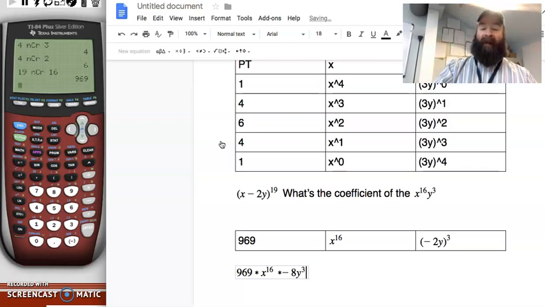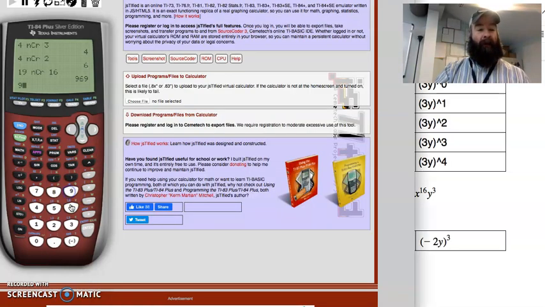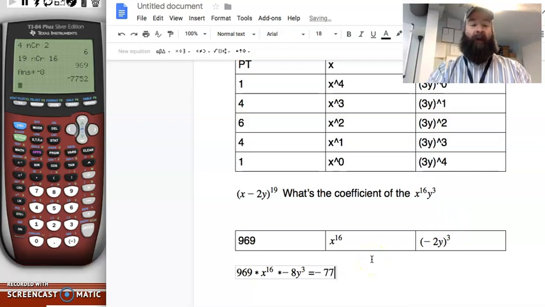So when you went to combine all these things, the 969 would get multiplied by the negative 8. And all I have to do is just do answer. Oop, nope. Just do answer times negative 8, negative 7752, and that would be the coefficient of the x to the 16th y to the 3rd term.